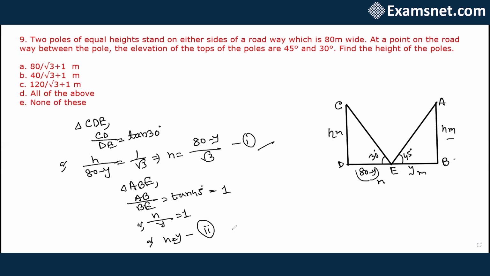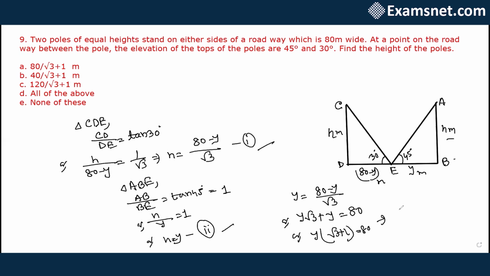Now from equations 1 and 2, since both of the equations are representing the value of H, we can write Y equals 80 minus Y by root 3. That means root 3 Y plus Y equals 80. So Y can be written as 80 by root 3 plus 1.